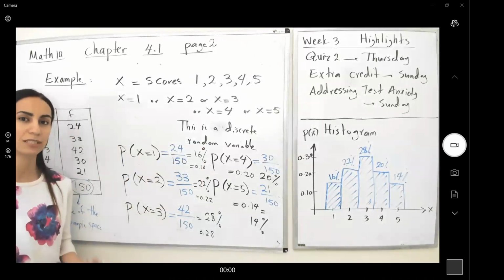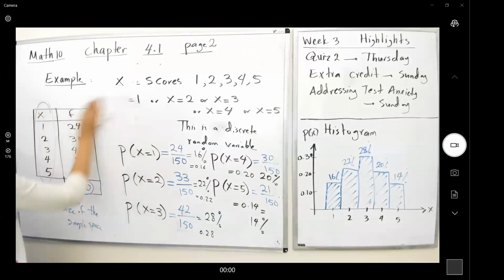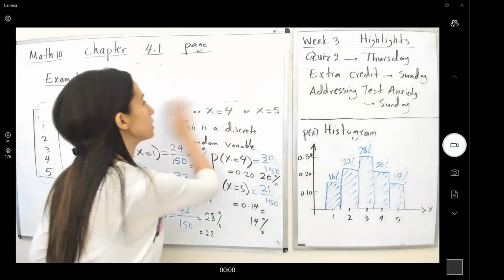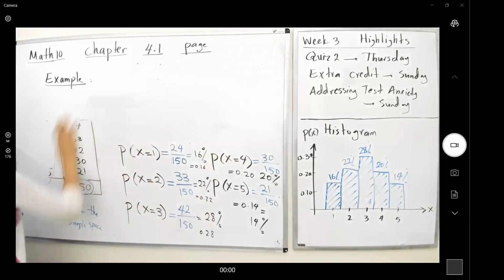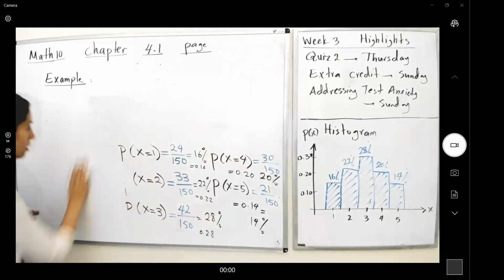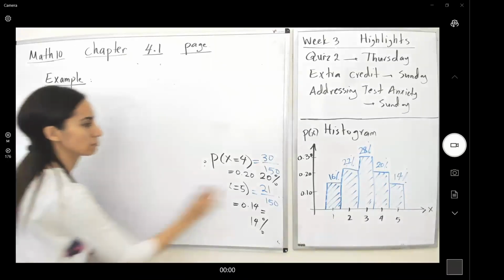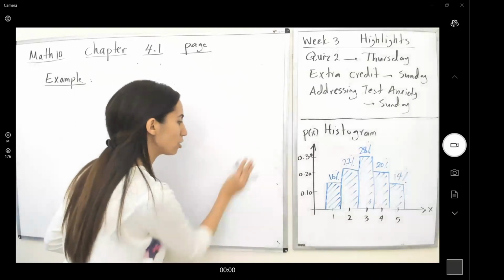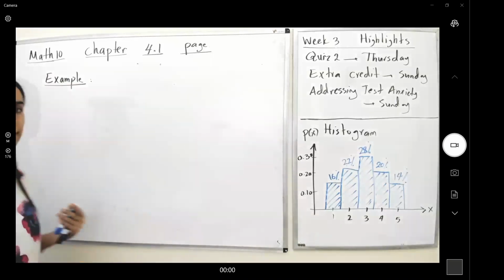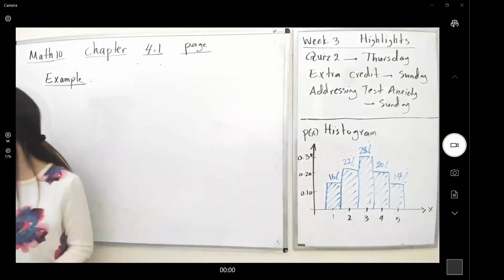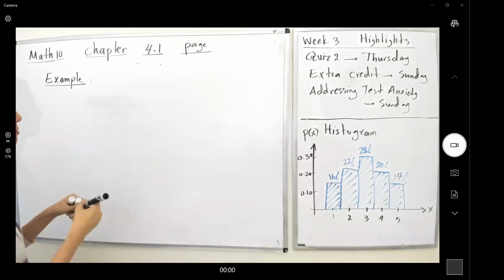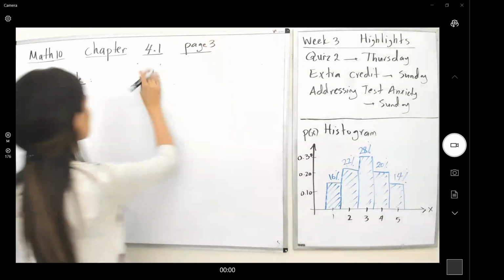Can you actually say that that's a probability distribution? Let's take a look at this example on page 3. One of your friends collected data. Your friend actually came up with this table. So this is on page 3.